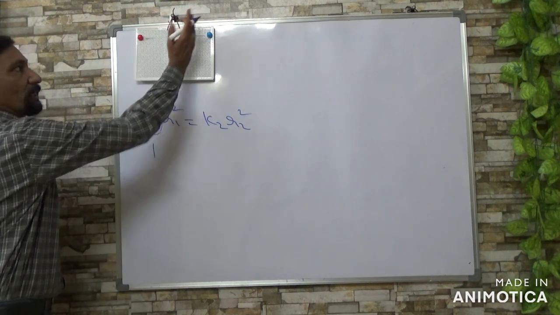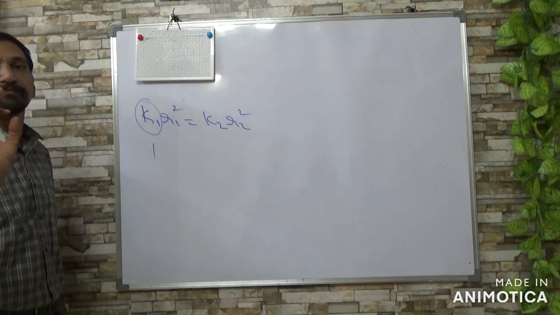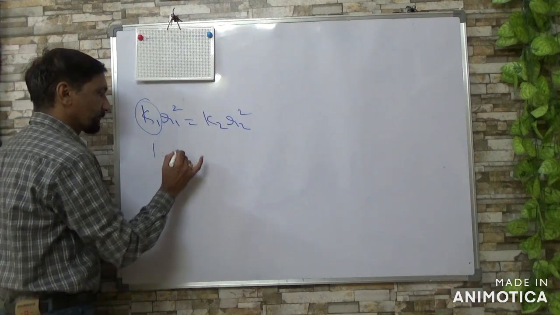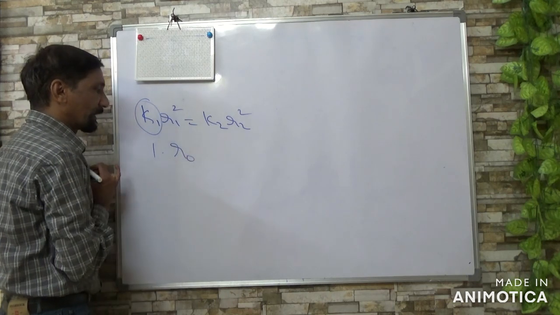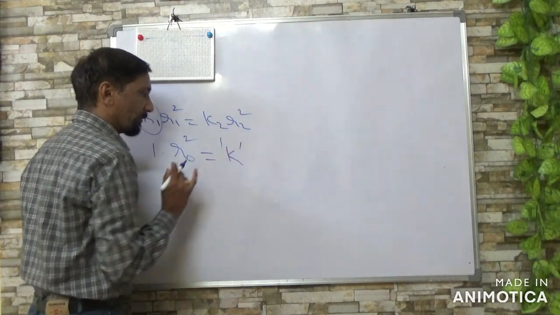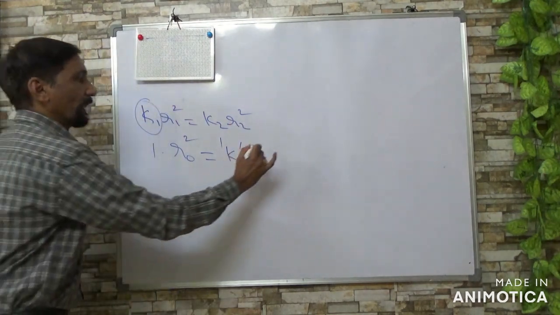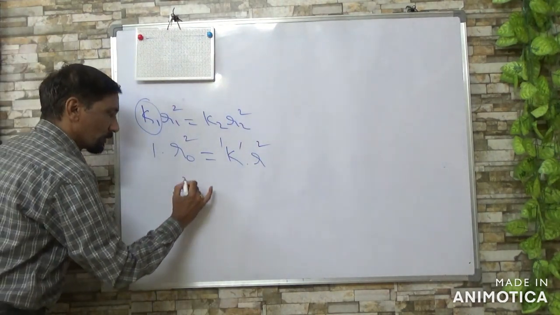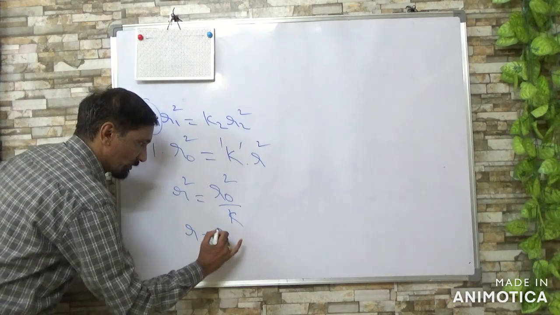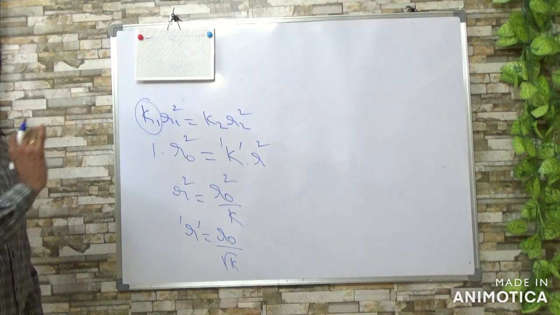If they are separated by a good metal, then the dielectric constant value becomes infinity. So for a metal, the dielectric constant is infinity. In the beginning we assume they are in air, so 1 into R naught square is equal to K into R square in some medium. Therefore R square equals R naught square by K, then R becomes R naught into root K. So this is the effective distance.